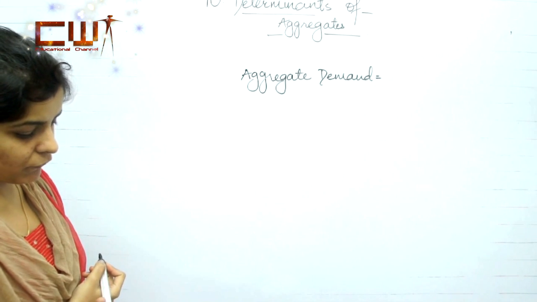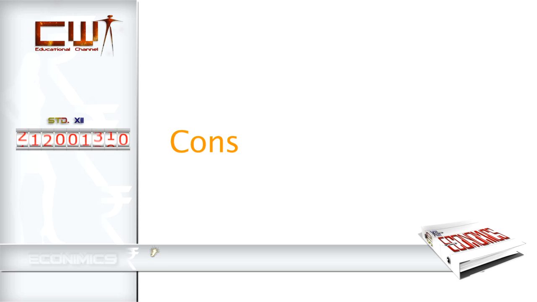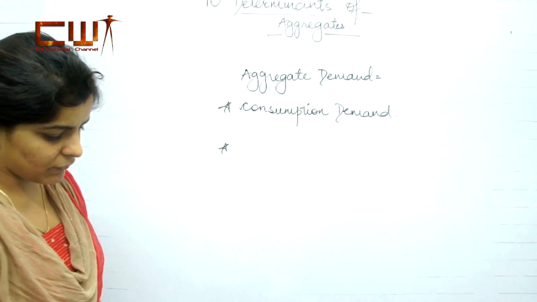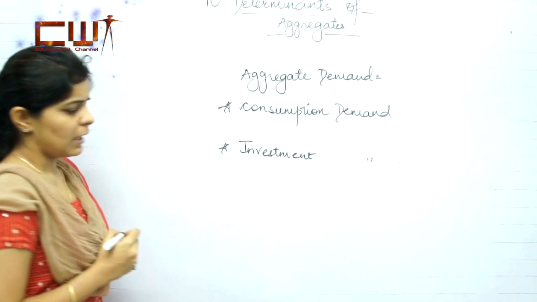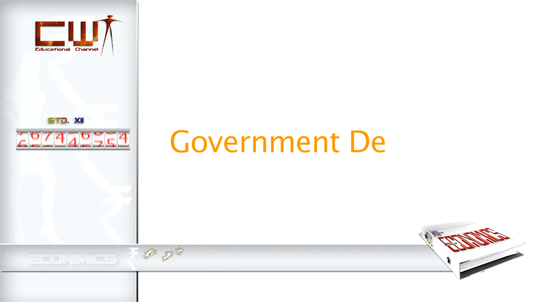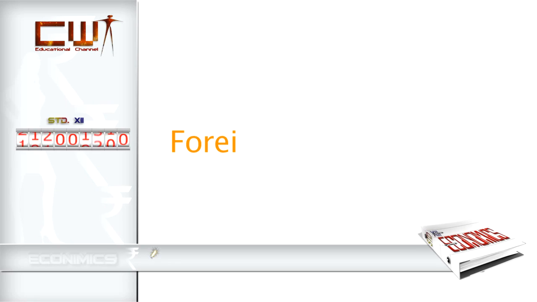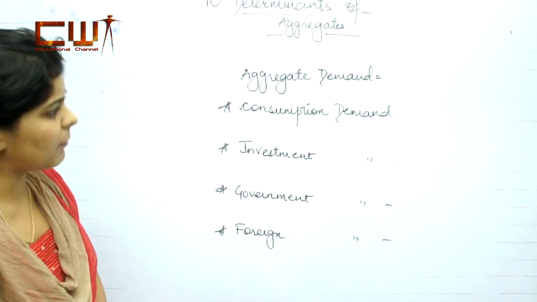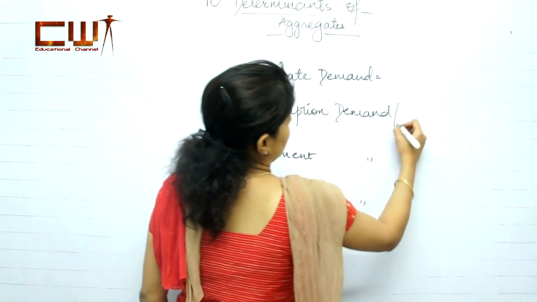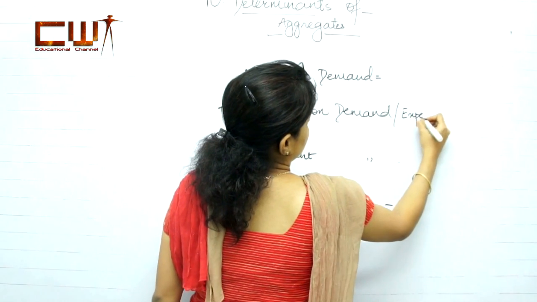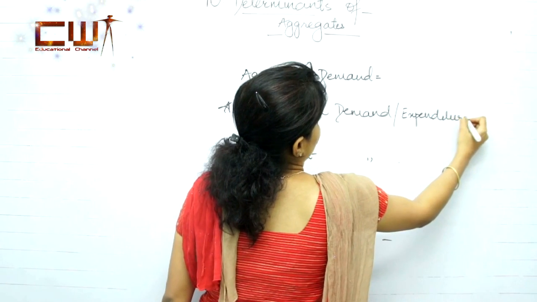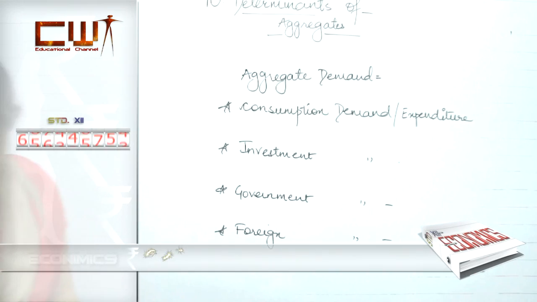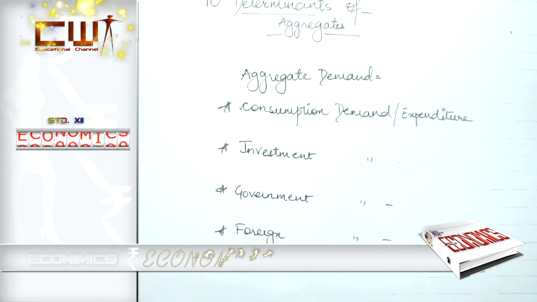Aggregate demand, you have four types of demand. You have consumption demand. Next you have investment demand, right? Then you have the government demand, and lastly you have the foreign demand. Consumption demand or expenditure, whatever you can write. You are putting money into it, that is you are creating the demand, and let's see what it means.